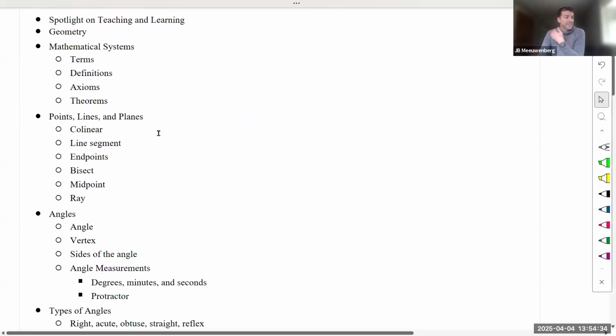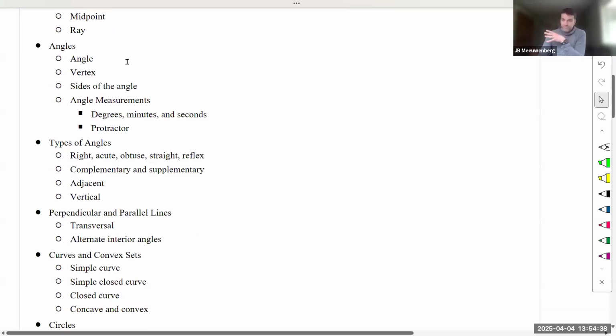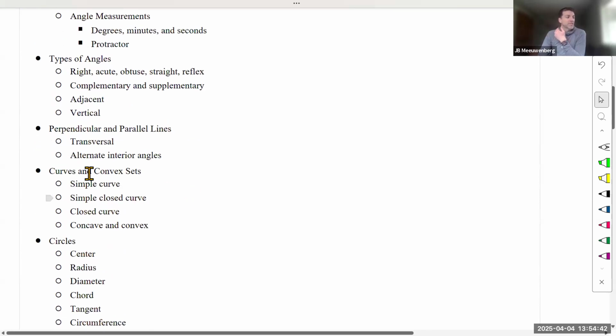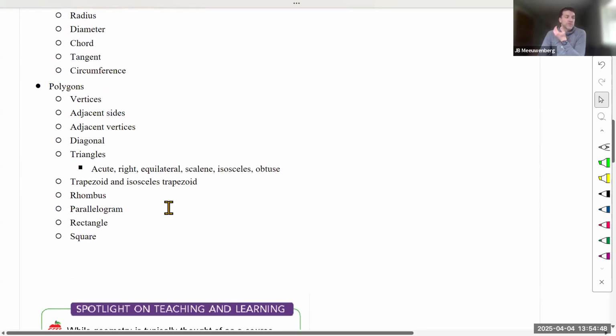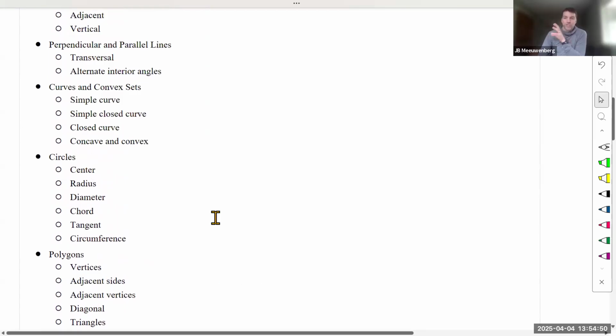Then points, lines, and planes, terms that go along with those. Angles and their terms, types of angles, perpendicular lines, curves and convex sets, circles, polygons. You can see how many terms there are just in this one section. I didn't even bother to name them all. You can certainly pause and look through that.